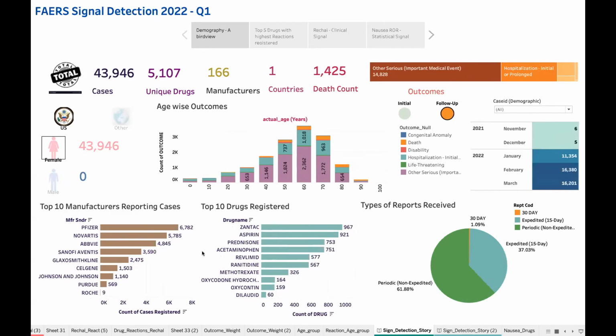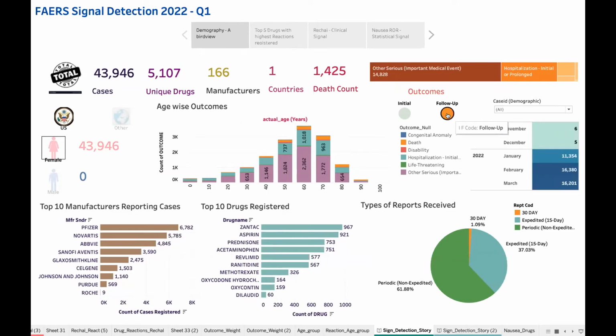Now the entire dashboard moves accordingly, and we can see the distribution of these female cases. The majority of patients are in the age range of 50 to 80s, nearly 62% of the cases are expedited cases, and most of them are reported by Pfizer.